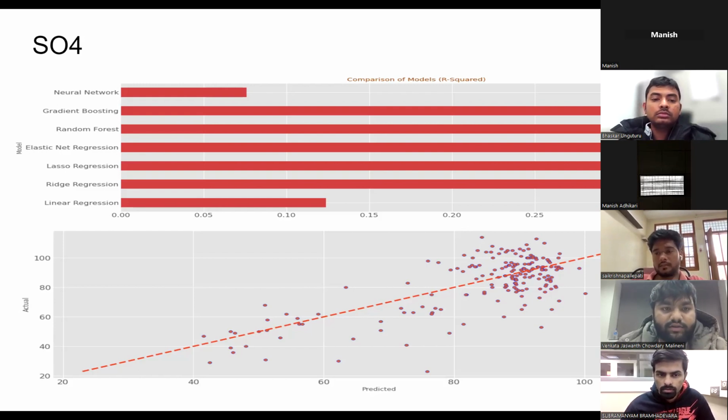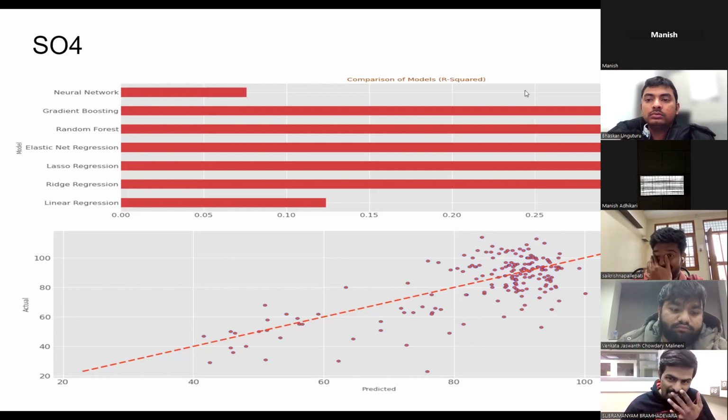So we took the lasso regression, since the difference is slight. The diagram below shows the red dotted lines as the actual values and the pink ones as the predicted ones. If you see the graph below, the red dotted lines show the actual, and the prediction is much different. So that's it. My friend will talk on the next slide.